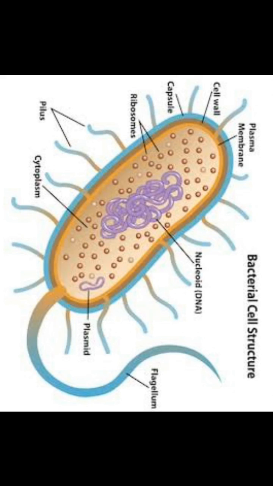The procedure is called the staining procedure. Bacteria that take up the stain are called gram positive bacteria, and bacteria that do not take up or respond to the stain are called gram negative bacteria.